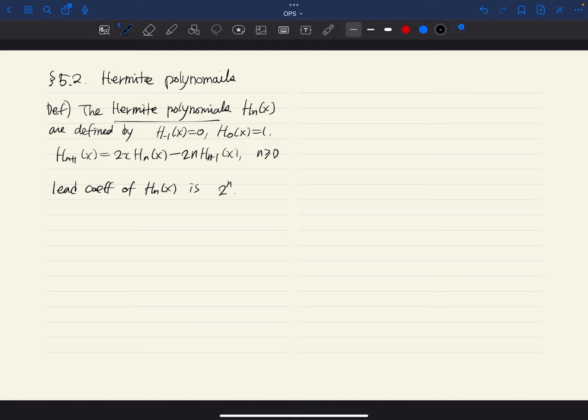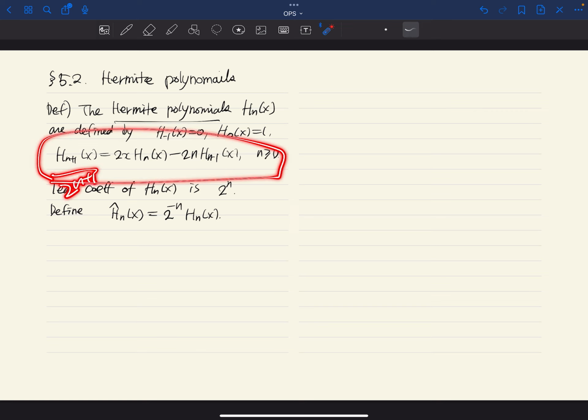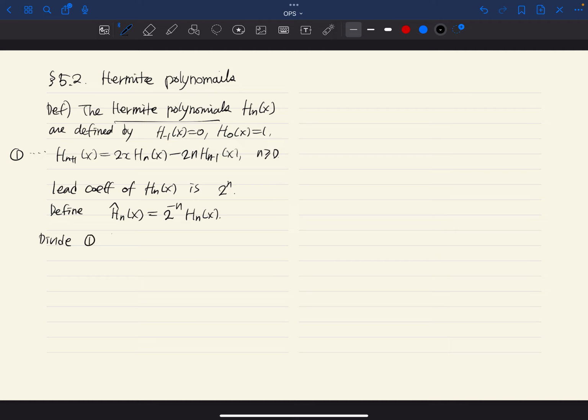So define H hat n of x equals 2 to the minus n Hn of x. Then we can get a recurrence just by dividing both sides by 2 to the n plus 1. So let's say this is equation 1. Divide 1 by 2 to the n plus 1. Then we get this divided by 2 to the n plus 1, so we get just H hat n plus 1.